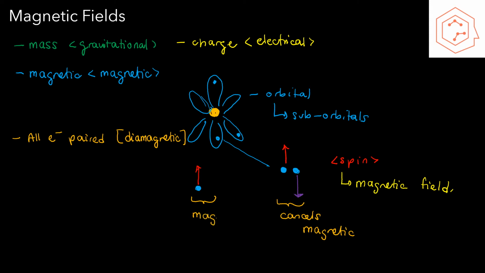So we do have a magnetic field, since it's not cancelled by another spin down electron. And so overall, when you have an object composed of many of these atoms, you have an overall net magnetic field. And these atoms, if you have at least one non-paired electron, are called paramagnetic.